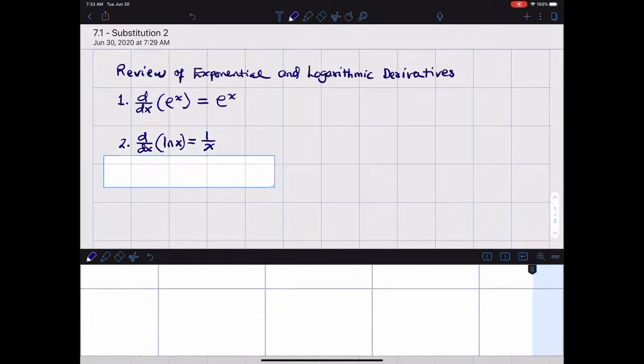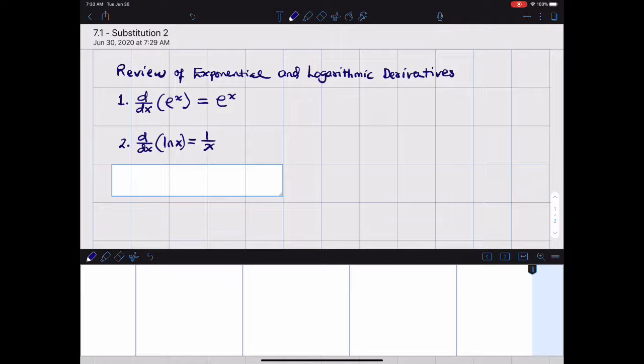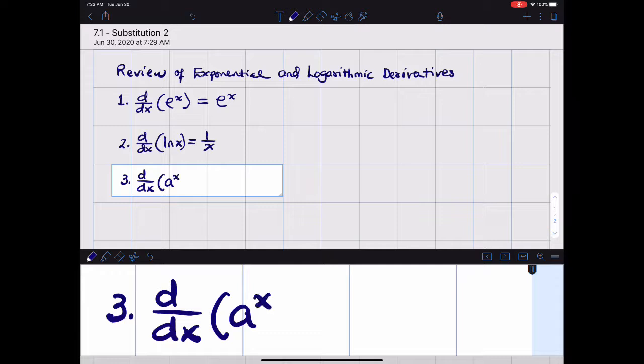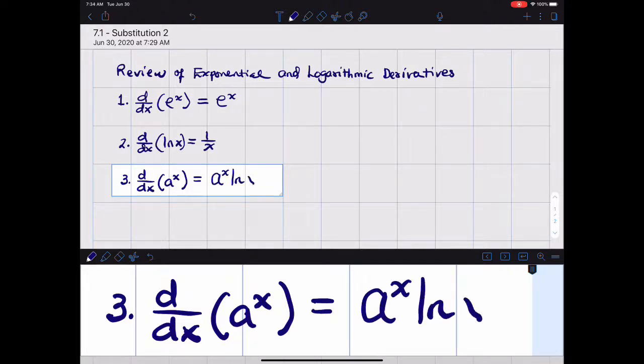Now, there's another derivative I want to take a look at: the derivative of a to the x, where a is not e. A is any number at all, any constant at all. This derivative is a to the x times the natural log of a.